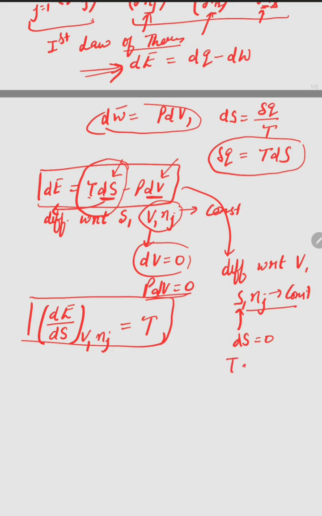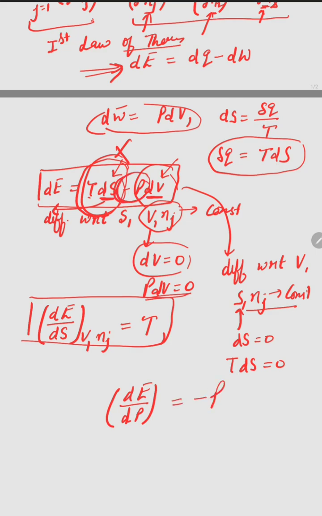So the first term, that is TdS, will be 0. We are left only with the minus PdV. So we are left with change in internal energy with change in volume, and this is equal to minus P. We are left on the right side only with minus P, and S and Nj are kept constant.